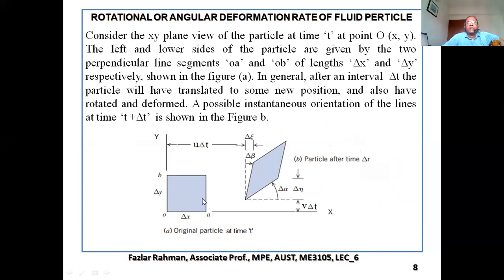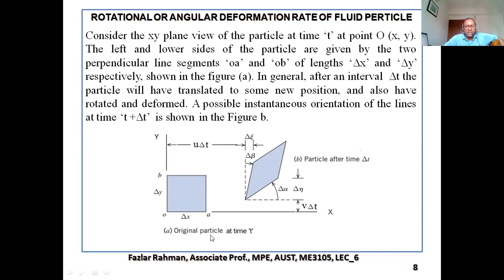This is the fluid element at time t. The coordinate of point O is (x, y), and the side lengths are delta x, delta y. So this is 2D. Point O has velocity u along the x-axis and v along the y-axis. After time delta t, this element comes right over here.